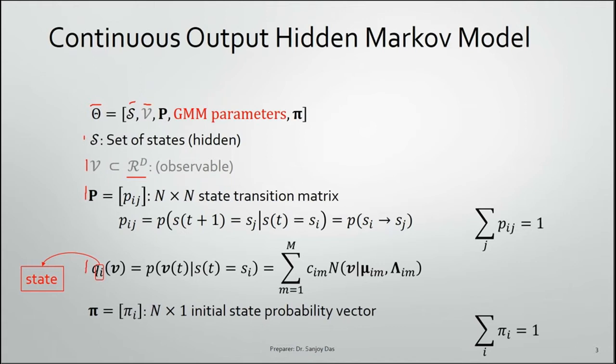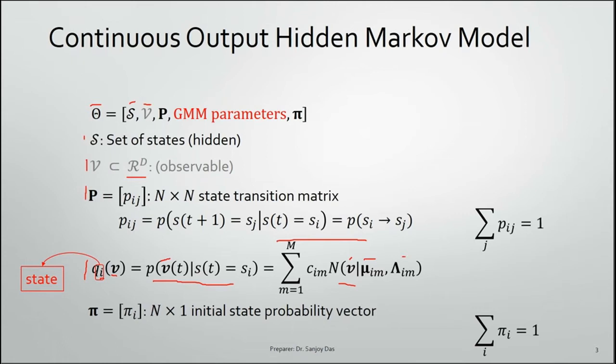And here's how we characterize the emission probability. Q_i(V) is the PDF of the output vector V given the state is S_i. So this is the PDF of V, and that is modeled as a Gaussian mixture model: summation c_im times the Gaussian distribution N of V given mu_im, lambda_im.